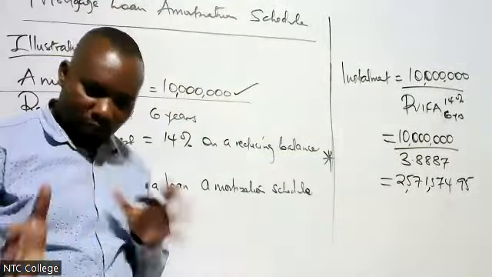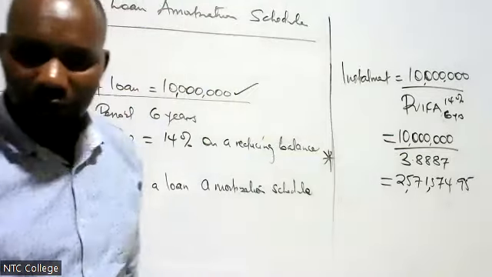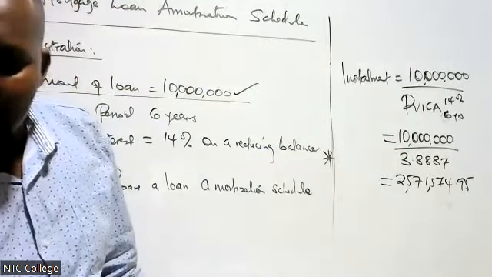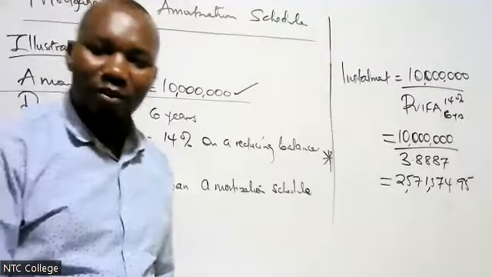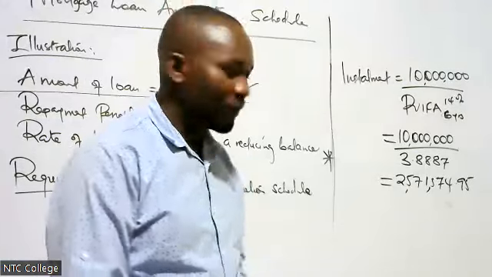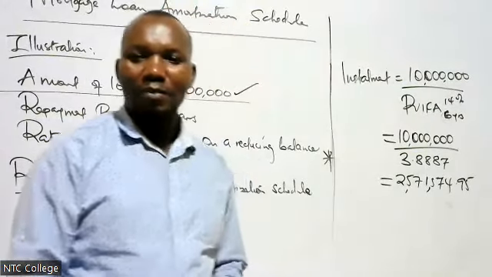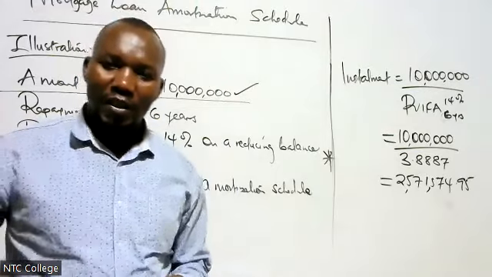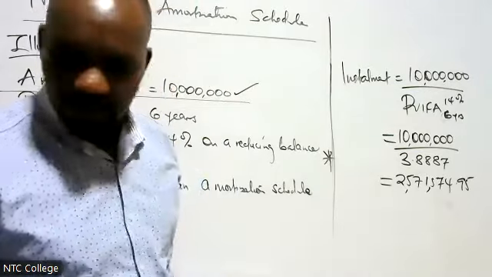Hatutaki bring confusion. We don't want to bring confusion. These are very simple calculations. It's a very simple calculation that anybody from Maseno can do. Thank you. So the correct one is not this.